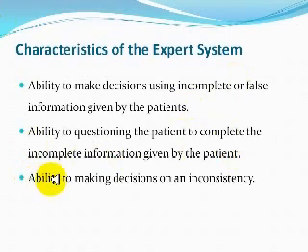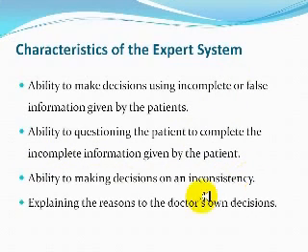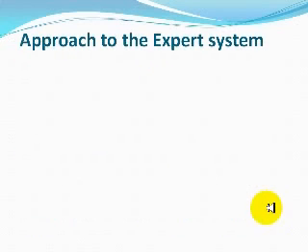Third: ability to make decisions in an inconsistent way. Finally: explaining the reasons for its own decisions. Here you can see the expert system acts the same as a human doctor.